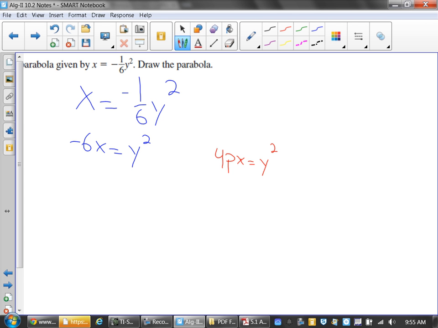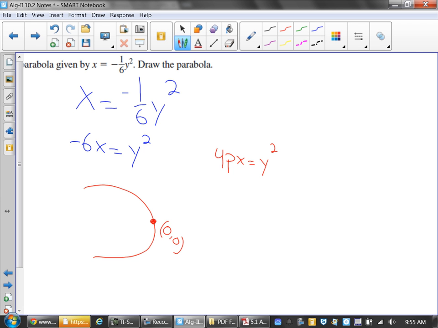This is a y squared problem, so you either go left or right. In this case, since it's negative, it's going to open to the left. I don't know exactly where anything is, but I'm just going to do that for right now. I've told you earlier that everything we do is going to be centered at the origin. So I know my vertex is going to be at 0, 0. I know that for certain for right now. The rest of it we're going to make up as we go along.